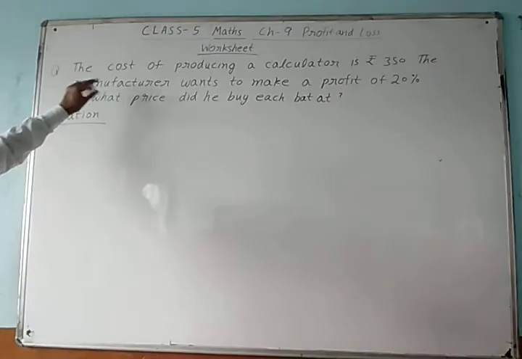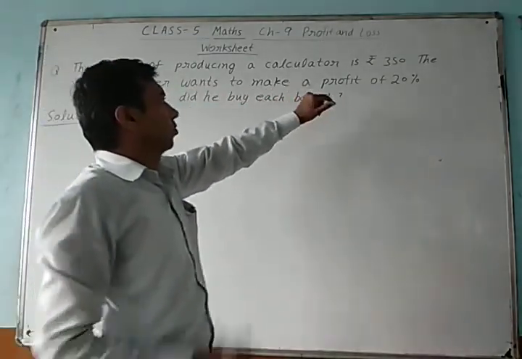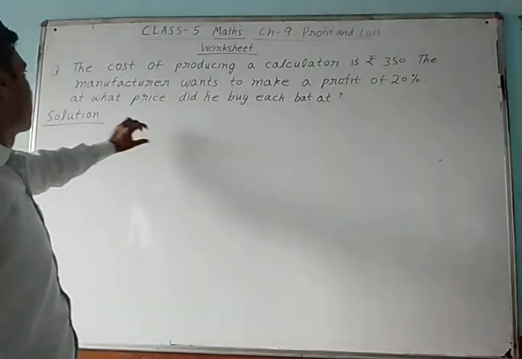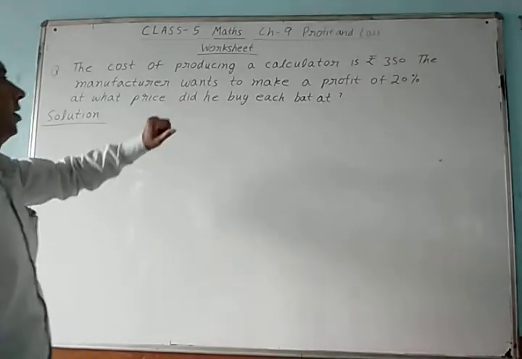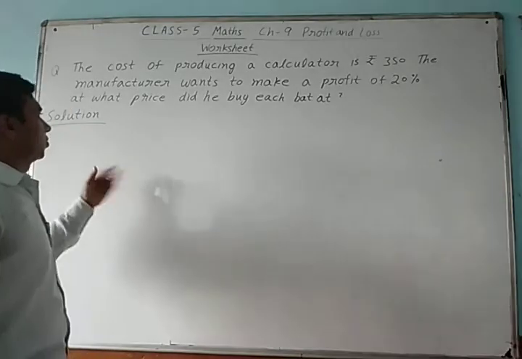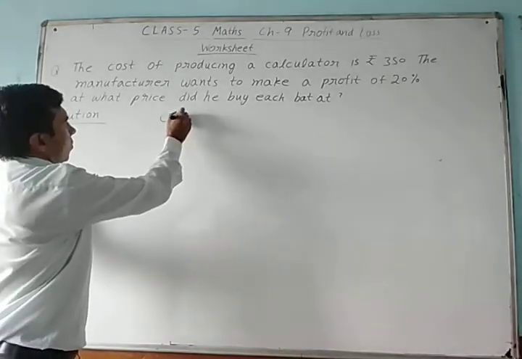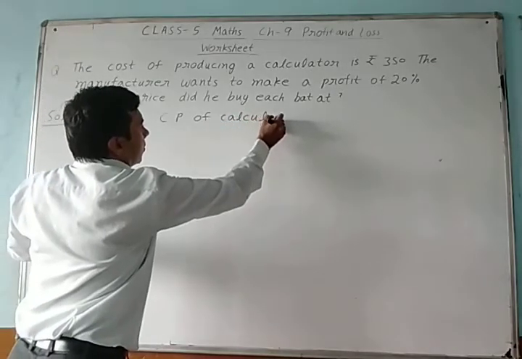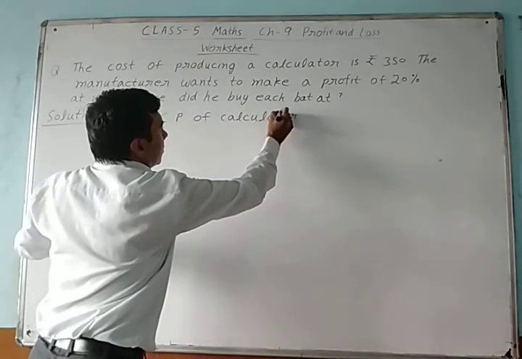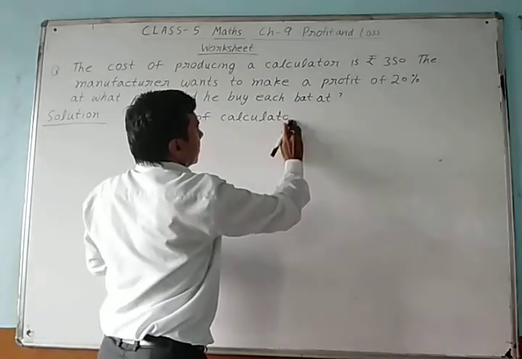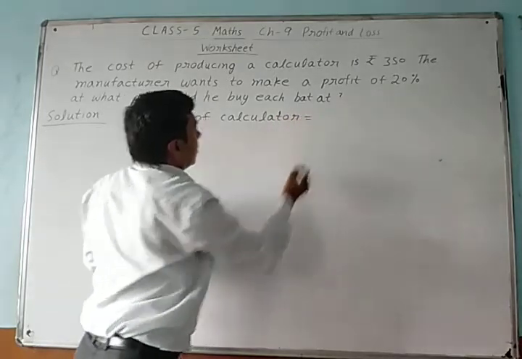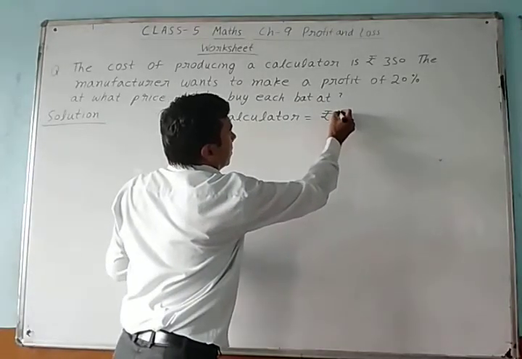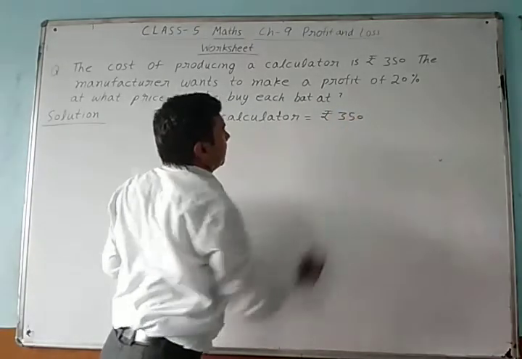Next question, student: The cost of producing a calculator is rupees 350. The manufacturer wants to make a profit of 20%. At what price did he sell each calculator? So students, we all know cost price of calculator is rupees 350.